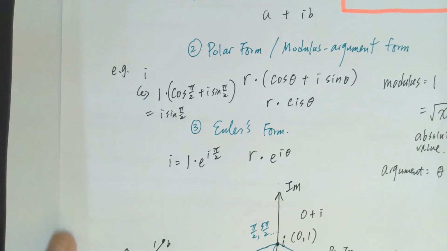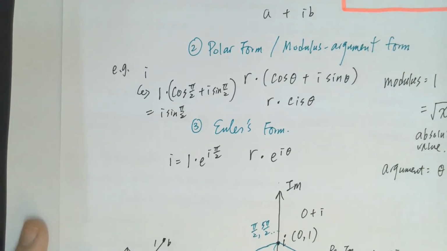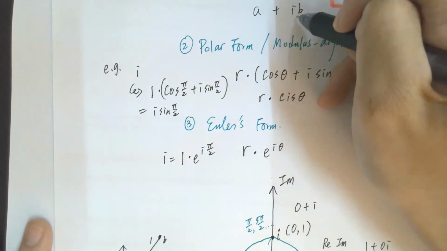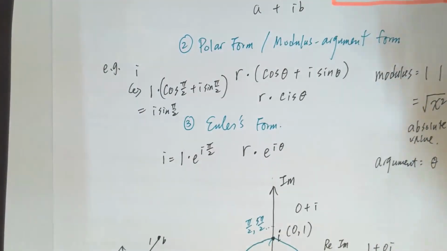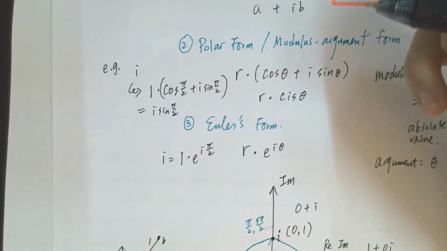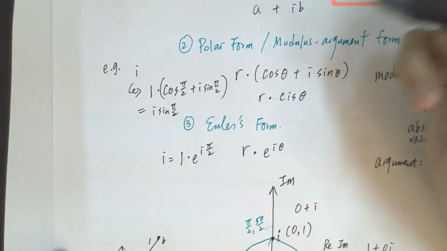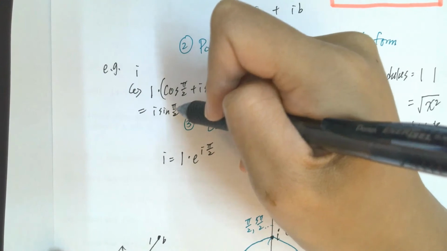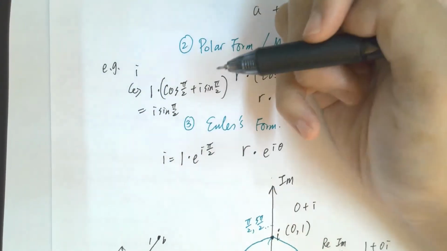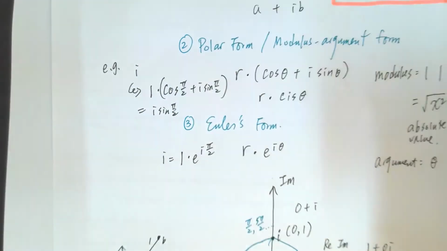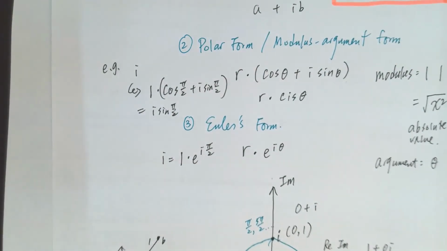So our conclusion is we can rewrite i either as 1i, which is the Cartesian form, or as i sine pi over 2, which is just 1, or we can say it's 1 times e to the i pi over 2. That's the gist of the forms of complex numbers, right?